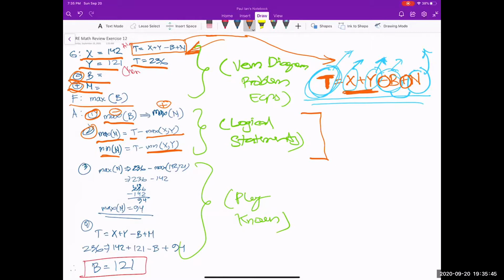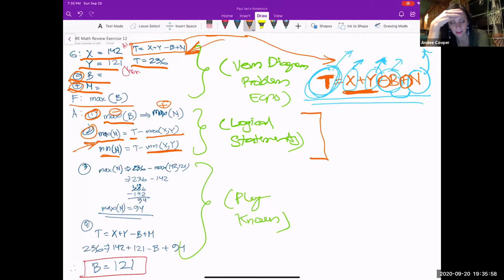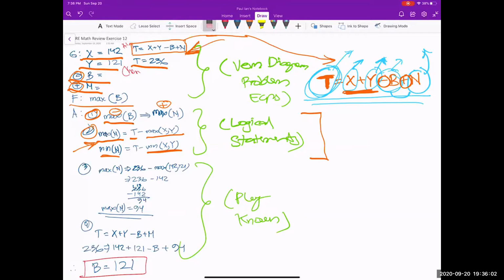But then since you're not given either b or n, you have to assume something for n. This is number 2 here. You have to assume something for n. So assuming, because n can go 2 ways. And like, you know, just looking at these, max can be like the t, right?